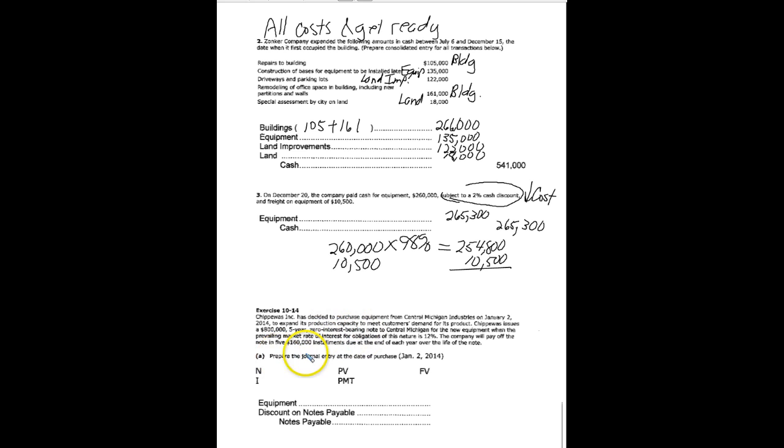They are issuing an $800,000, 5-year, zero interest-bearing note for the new equipment when the prevailing market rate of interest on obligations of this nature is 12%. The company will pay off that $800,000 in $160,000 installments. So we have to figure out what's the cost of equipment.